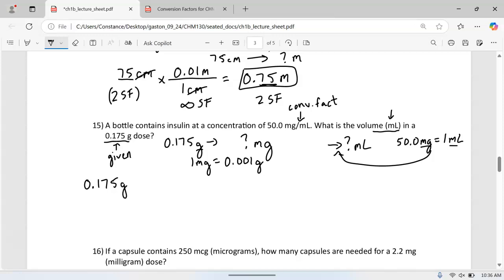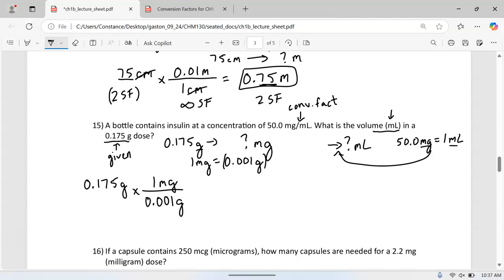Okay, I have 0.175 grams. Multiply it by a conversion factor, and remember I want to put my given units on the bottom. So if I'm starting with grams, then in this equality I want to take the 0.001 grams and put that on the bottom. And then the top part of my equality is going to be the target units of milligrams for my first step.